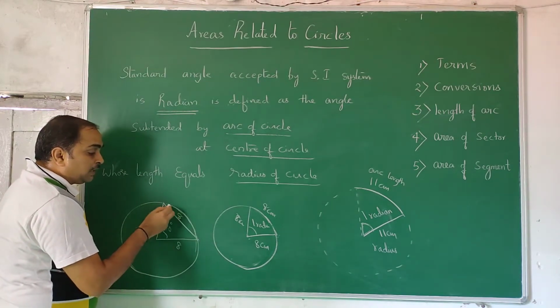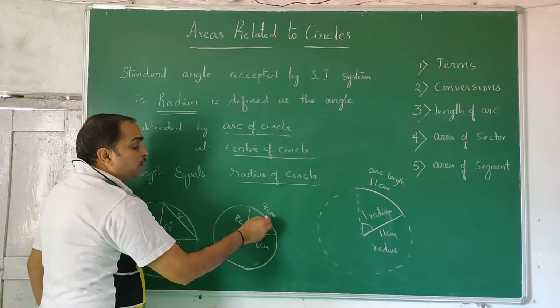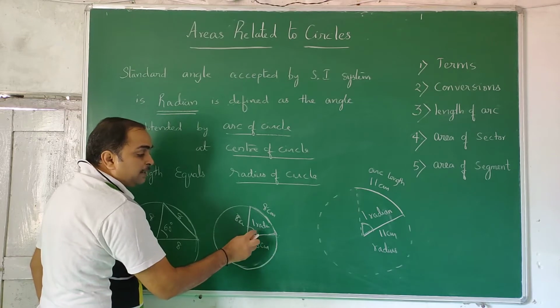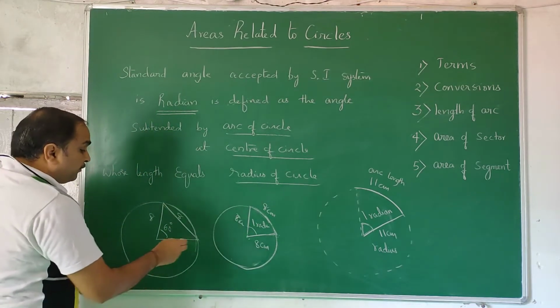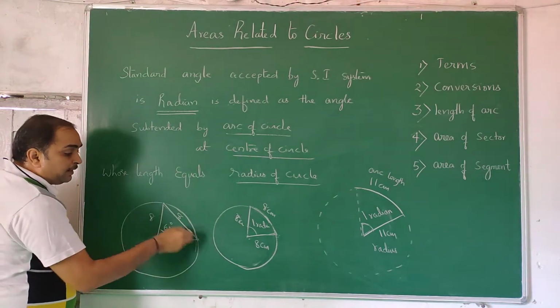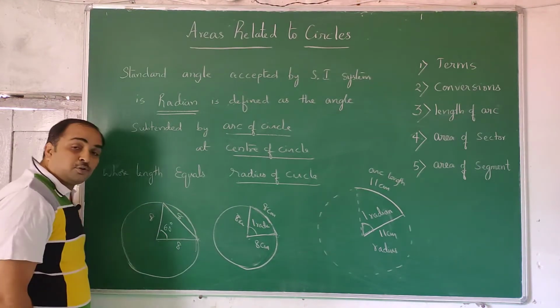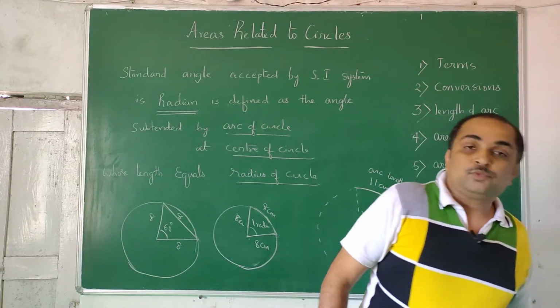You have to go along the curve. So along the curve, when you go 8 centimeters, with both radii 8 centimeters, the angle spanned inside is 1 radian, approximately 58 degrees. And if you go 8 centimeters like this and directly draw a straight line of 8 centimeters, that becomes an equilateral triangle, and this angle comes out to be 60 degrees, which is not 1 radian.